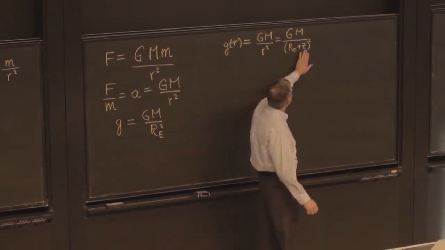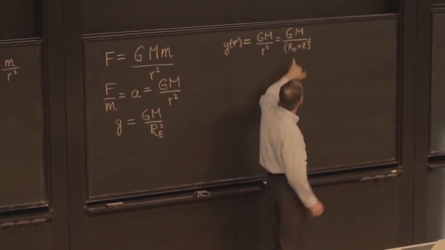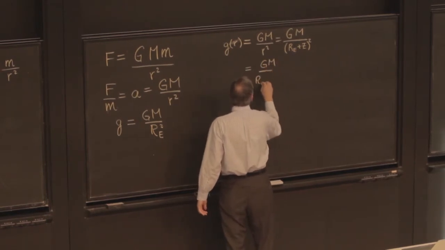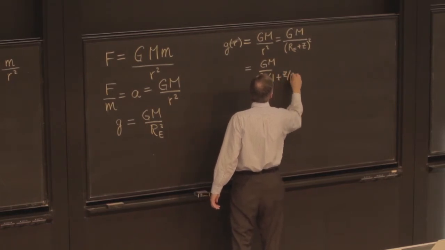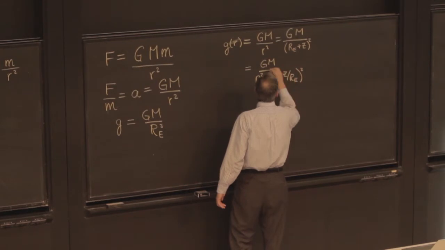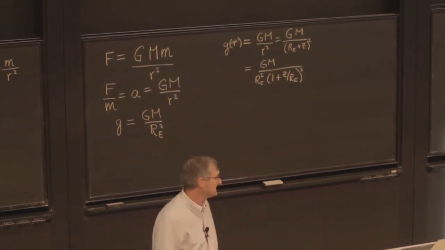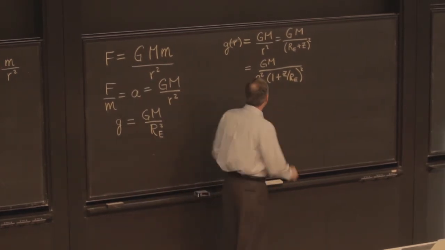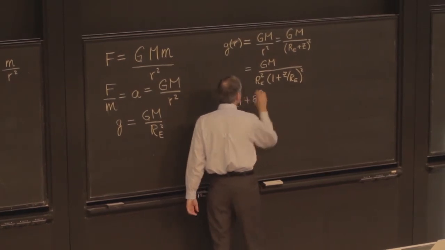Now, I'm going to imagine that the altitude z is small compared to the radius of the Earth, so I'll factor out the big term. And that is algebraically just an equivalence, except that now I look at this as 1 plus a small quantity raised to a power.